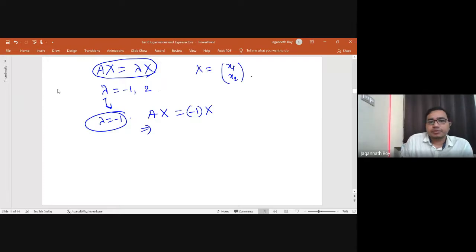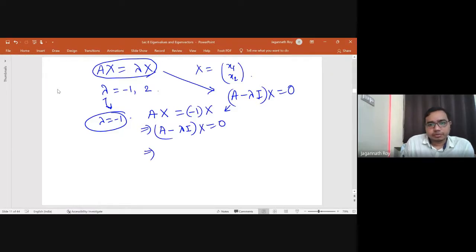If you also recall what we had from here, we have seen that A minus lambda times I, x equals 0. So you can directly write it here also: A minus lambda times I, x equals 0.